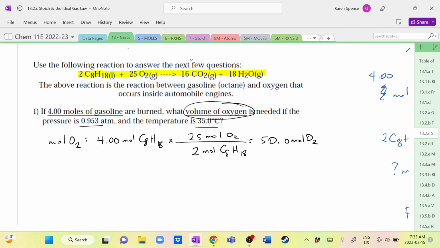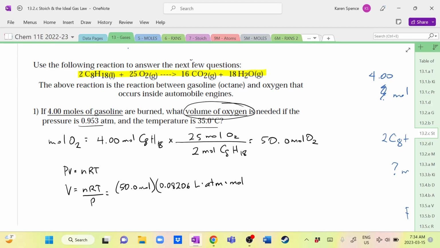Now, to find the volume when we are not at STP, we must use the ideal gas law, the pervert equation, PV equals nRT. Solve for V. V is equal to nRT divided by P. And so we have 50 moles of O2 times 0.08206 liter atmosphere per mole Kelvin.